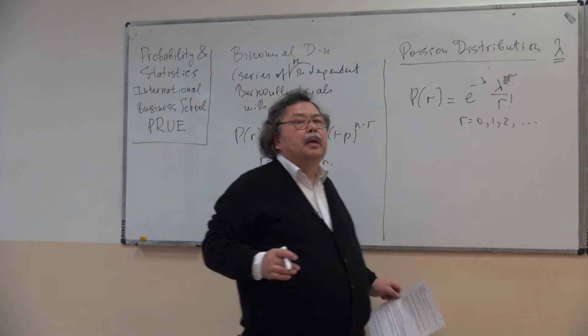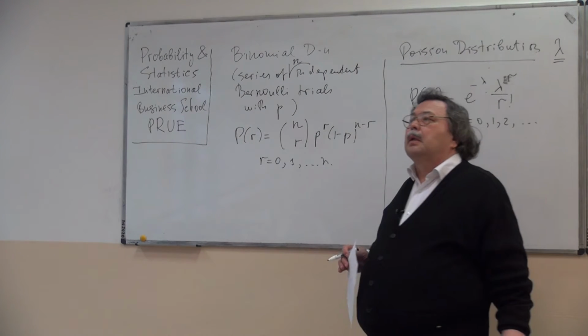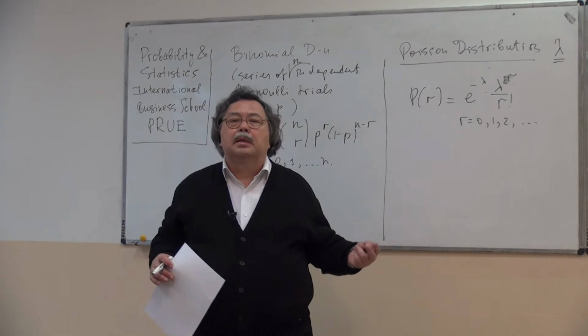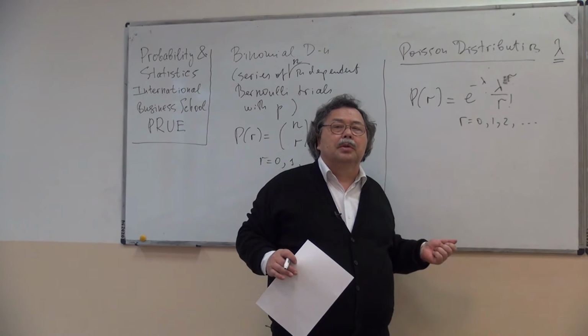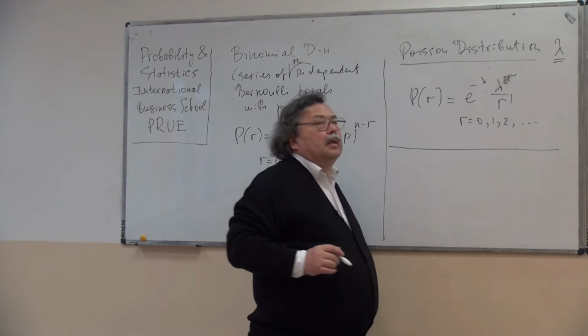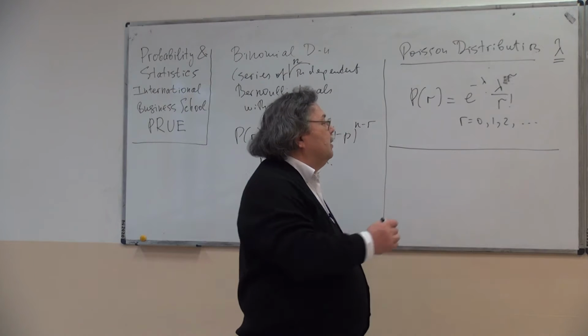Okay, when we introduced this Poisson distribution last time, we actually introduced it as a limiting case of the binomial distribution. And actually, we derived it in a mathematical way.